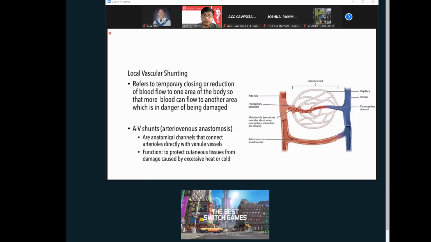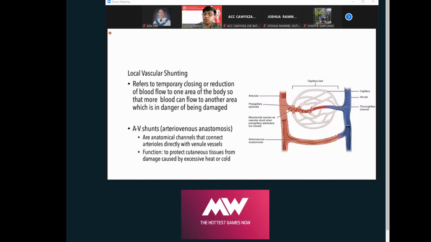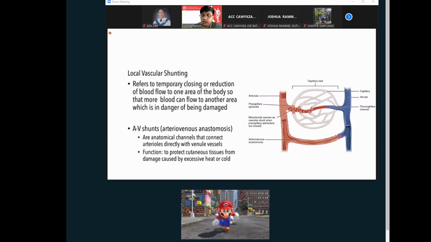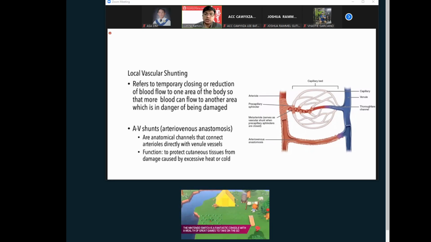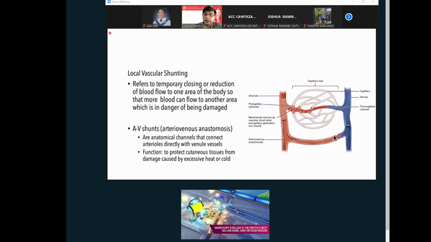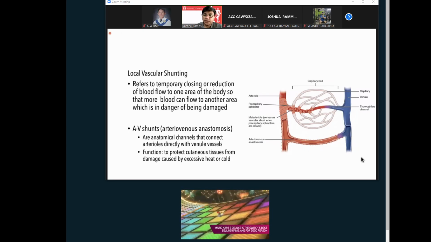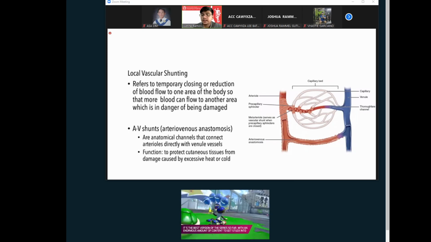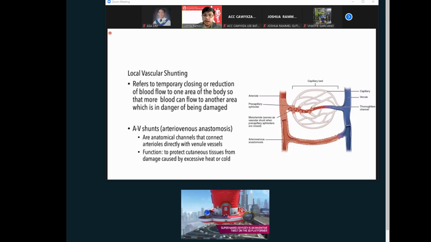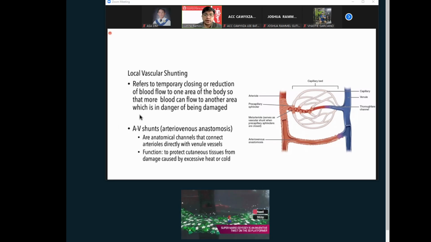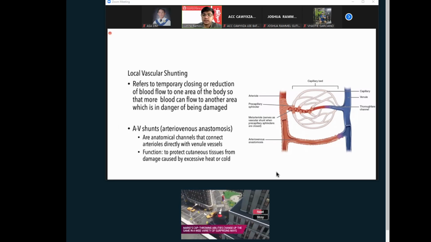So because of a increased temperature or an excessive heating nung hot packs, so some of the vessels or the blood will be shunted towards your venous circulation to prevent excessive vasodilation. Okay? So yun yung purpose ng mga arteriovenous shunts na yan or anastomosis. Okay?